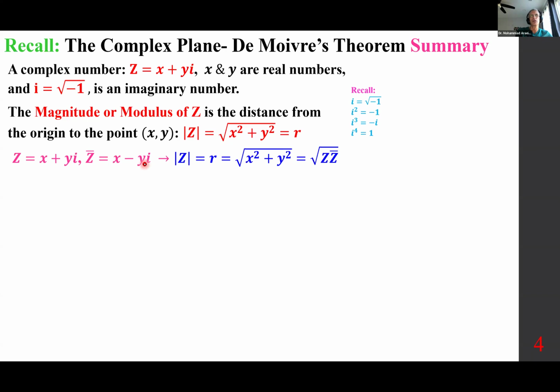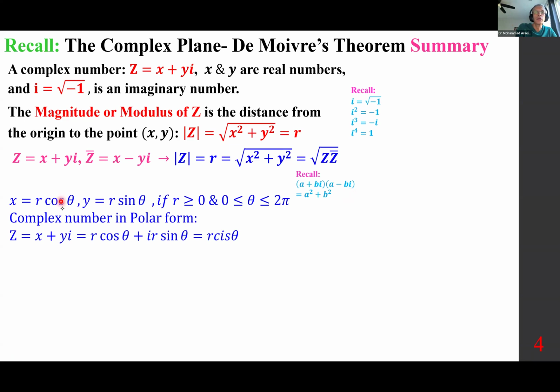The conjugate for a plus bi was a minus bi, as you recall. And the modulus, or the magnitude of z, is r, or the square root of x squared plus y squared, or the square root of the product of z and z bar. As you may recall, a plus bi times a minus bi, we showed that it was a squared plus b squared.